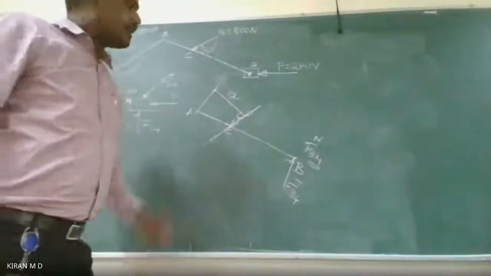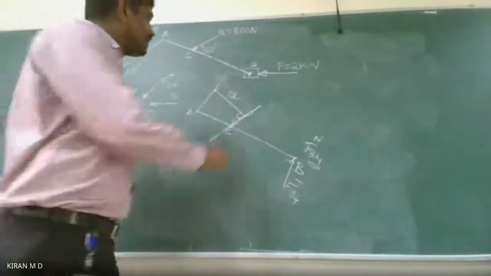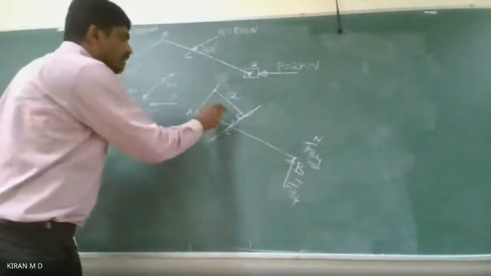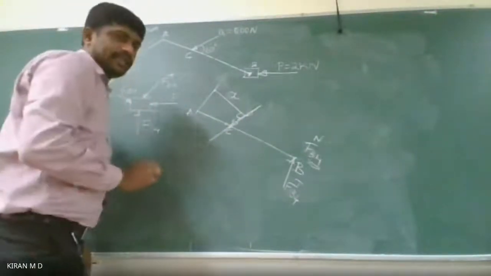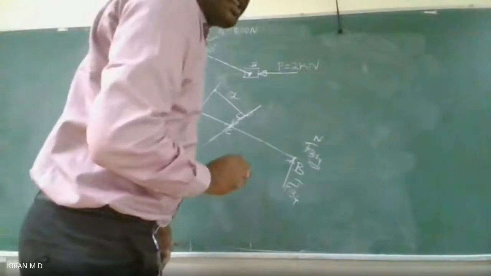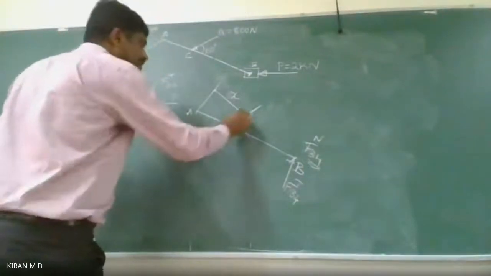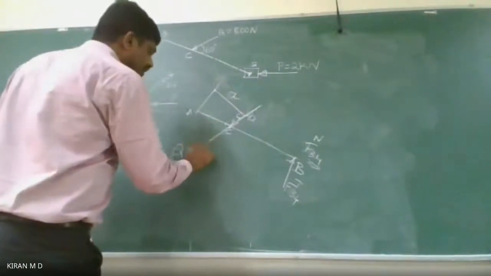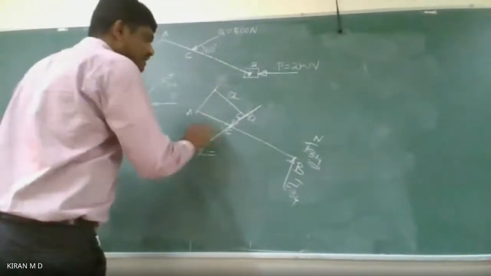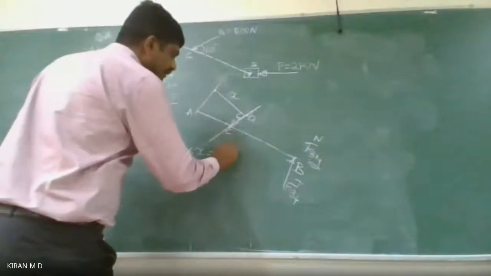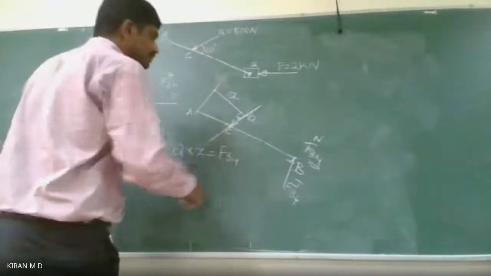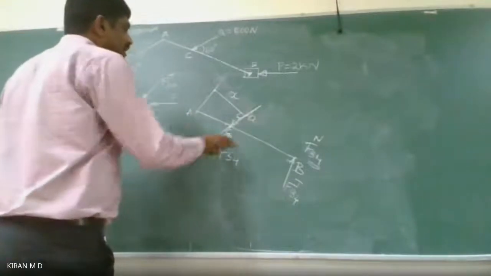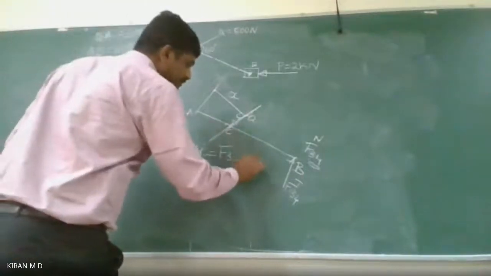Now we write the equation: the force Q into X is equal to F34 into AB.